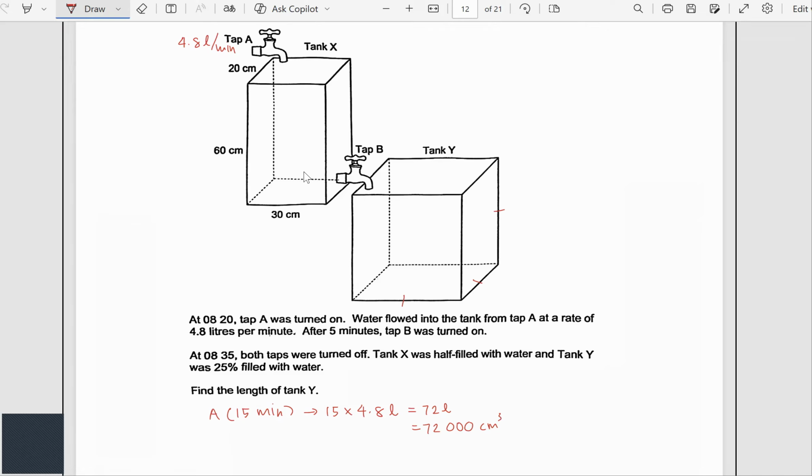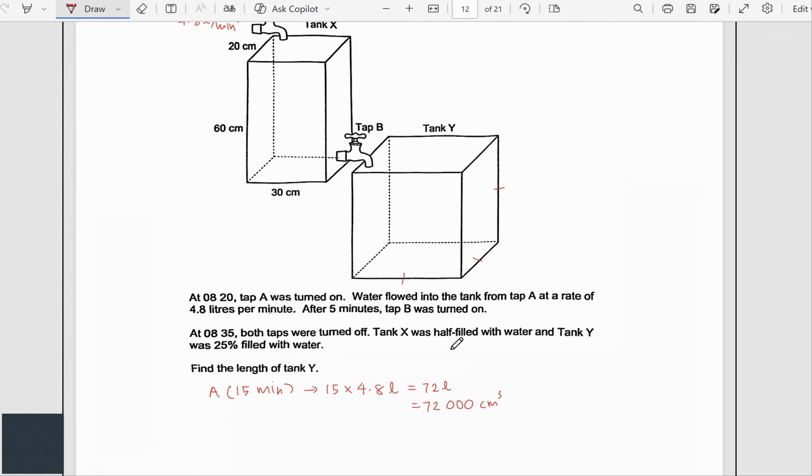Okay, you got that volume of water in, you're supposed to have that volume of water in X if you didn't turn on tab B. But because you turned on tab B, after 15 minutes, tank X was only half filled. So we find what tank X is when it's half filled, the volume in the end, which is definitely going to be less than 72 liters.